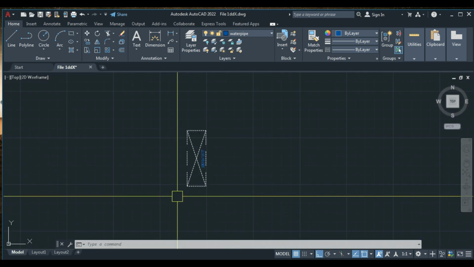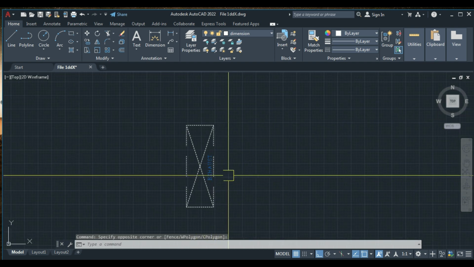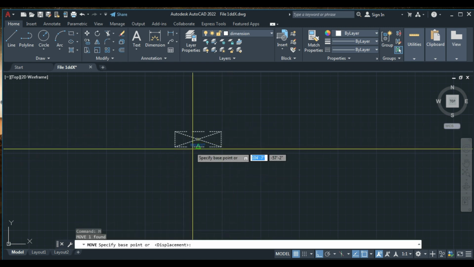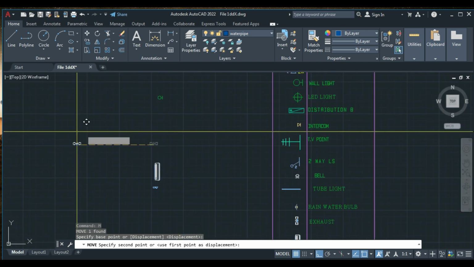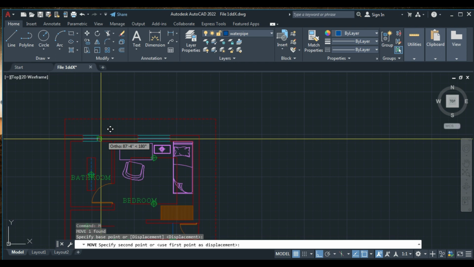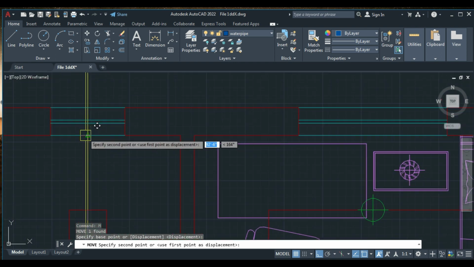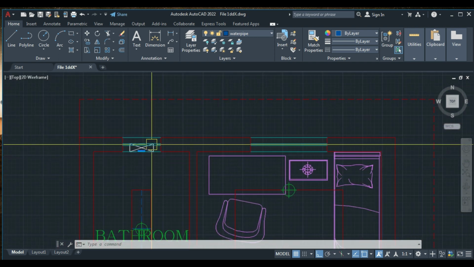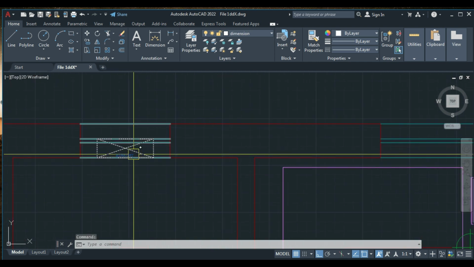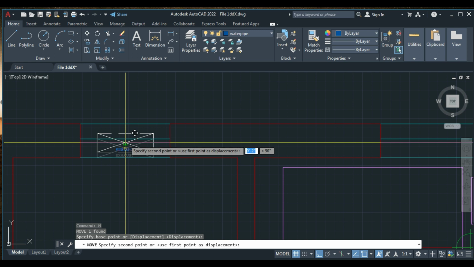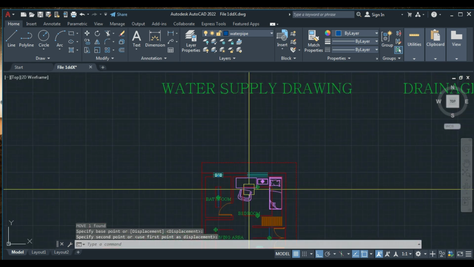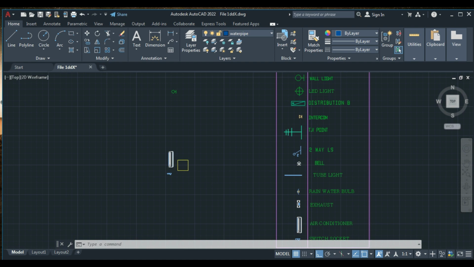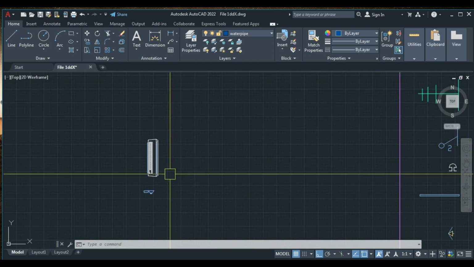The next symbol is for exhaust, usually provided in the bathrooms or kitchen. The next symbol is for air conditioner.